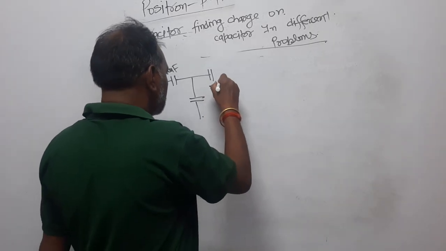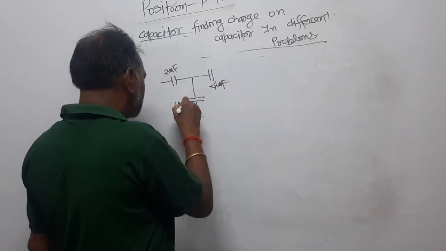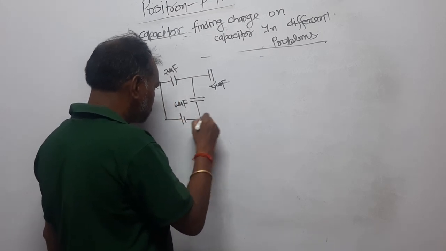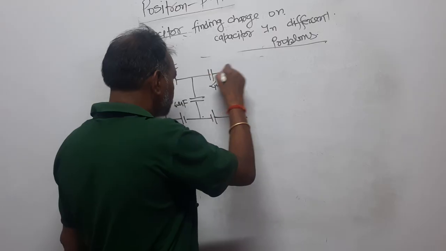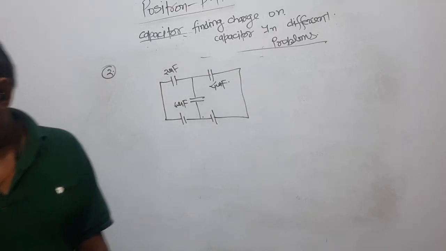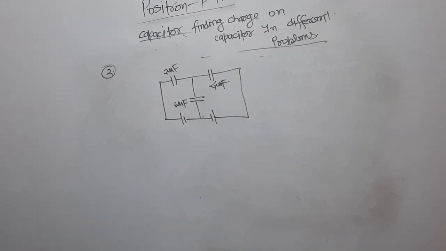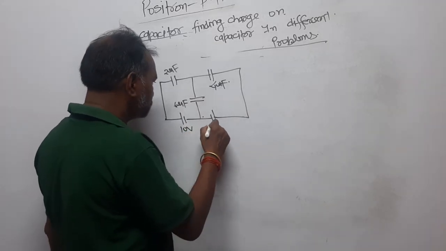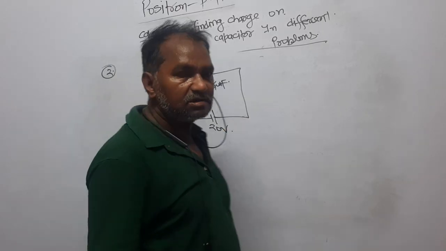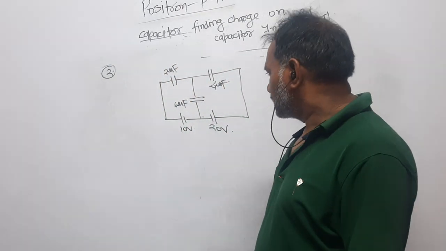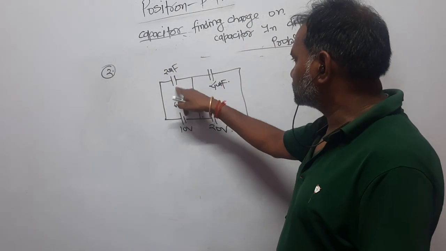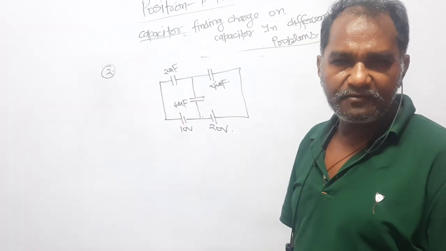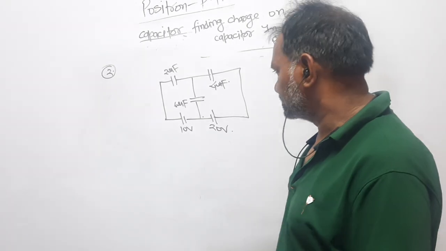Four microfarad, this 6 microfarad, and this is 10 volt, 20 volt. Dear students, this time the problem is that this is 10 volt, this is 20 volt, this is 2 microfarad, 4 microfarad, 6 microfarad, and in each case we have to find the charges on these capacitors.